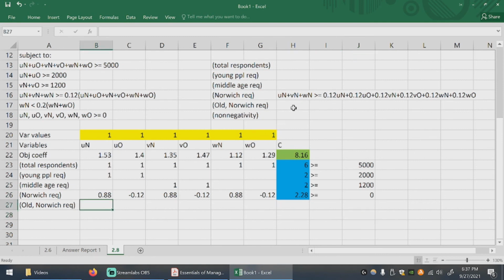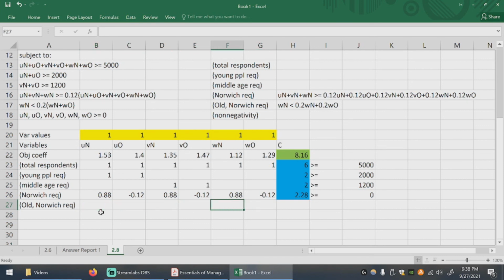One more. We're almost done. I can see the end. It's so close. This one's easier. But a rewrite might still be helpful. 0.2 times WN. 0.2 times WO. Let's do it. WN and WO are the only variables here.